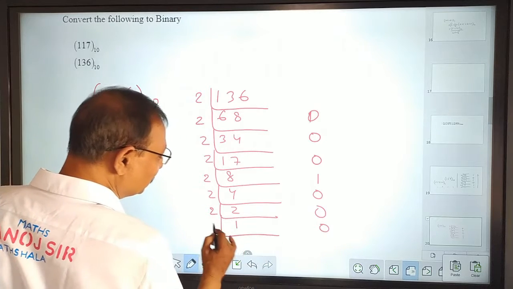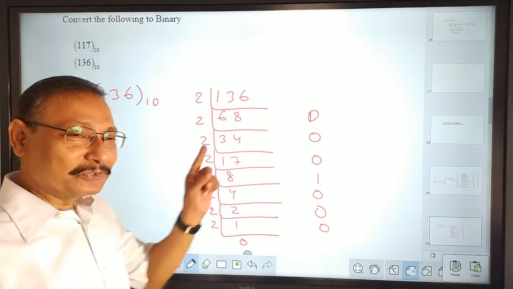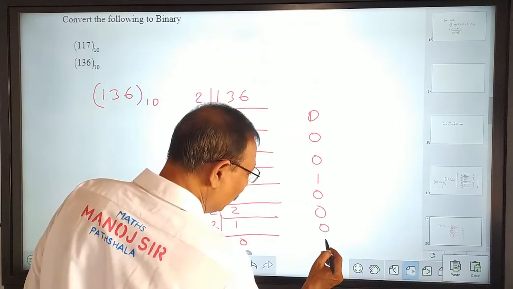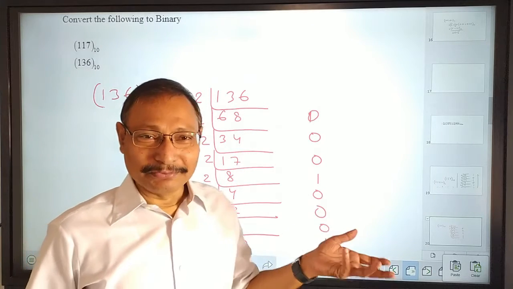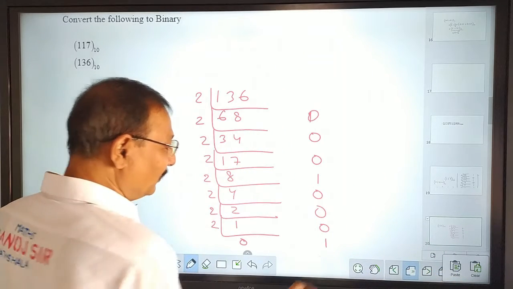But when we divide this 1 by 2, we know that the quotient is 0, and so the process ends here. So this is recursive, and here the remainder is 1, mind it. So the recursive process of division by 2 is now ended.